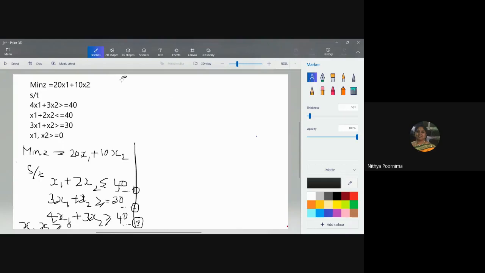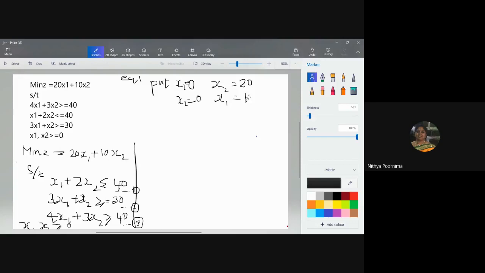Now consider equation 1. In equation 1, put x1 is 0. Then what will be x2? 20. If x2 is 0, x1 will be 40.